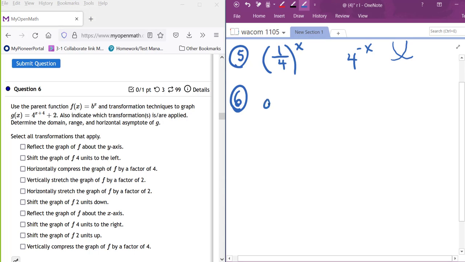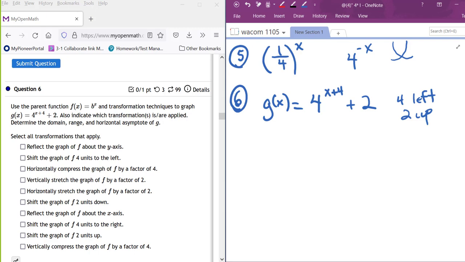We are doing g of x equals 4^(x+4) + 2. So this one, to your exponential function, is going to move it 4 to the left, and this will move it 2 up. So 4 left and 2 up.